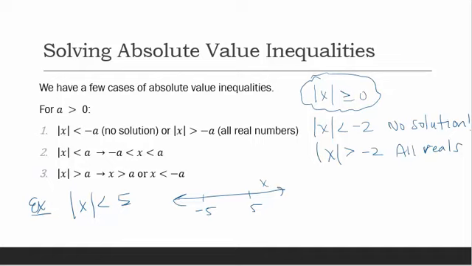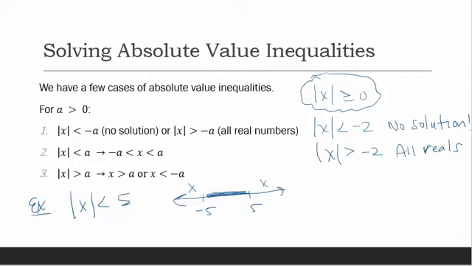0 works. Negative 3, for instance, the absolute value of negative 3 is 3, and 3 is less than 5. But all of a sudden, when I get to numbers over here, like negative 6, absolute value of negative 6 is 6, and 6 is not less than 5, so those don't work.